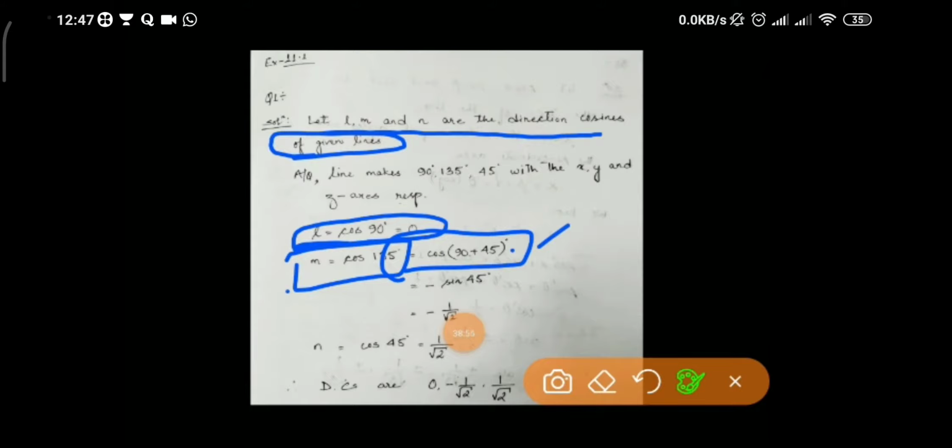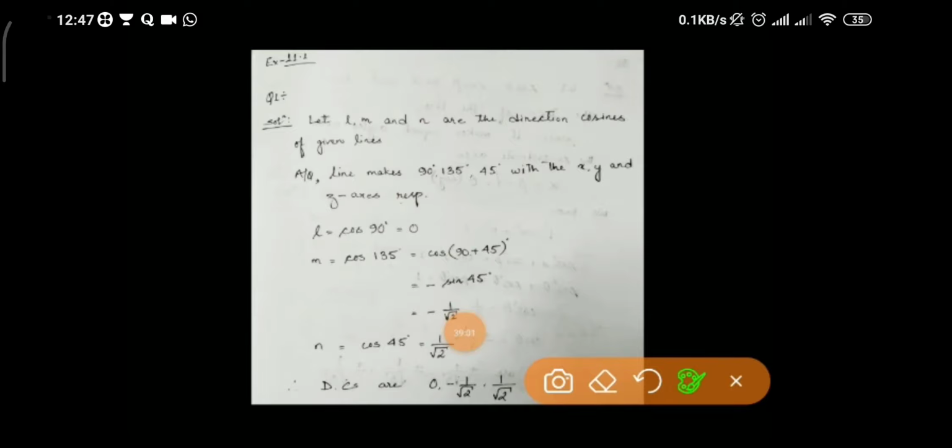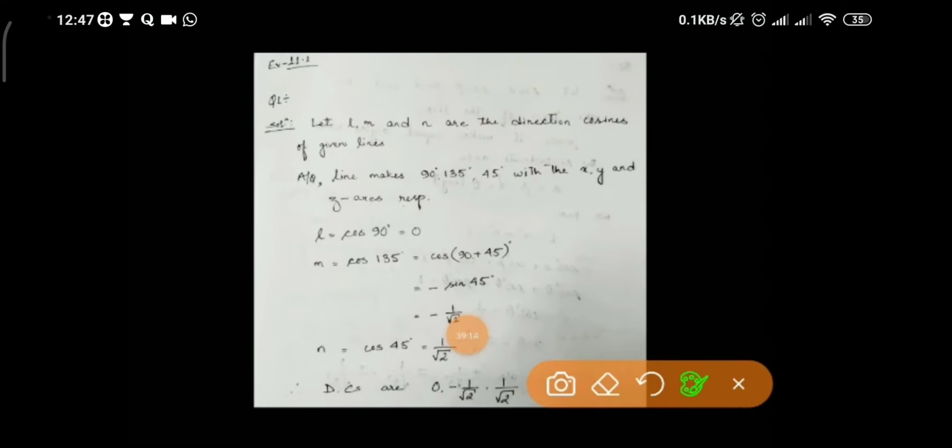Cos is negative, so I put a negative sign, and that is minus 1 by square root of 2. Similarly for n we have cos 45, which is 1 by square root 2. So this is the direction cosines.